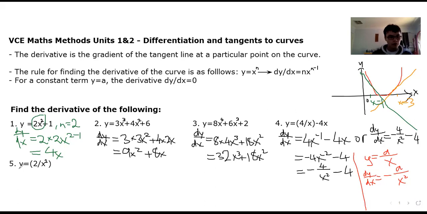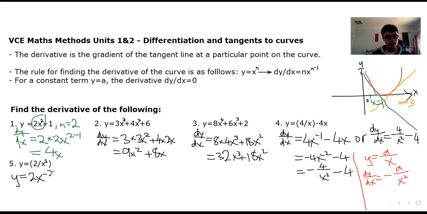Okay, so for question 5, because we have x to the power of 2 as a denominator, I prefer to do it with the longer method since it's easy to work with. So for this one, we cancel out the fraction and then we just have 2 x to the power of negative 2.